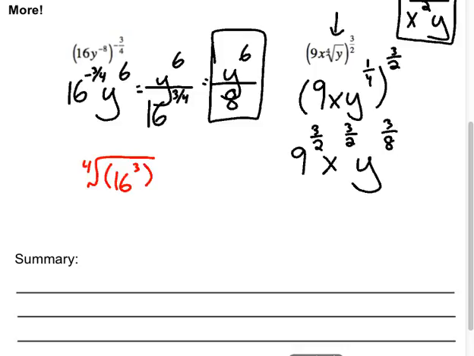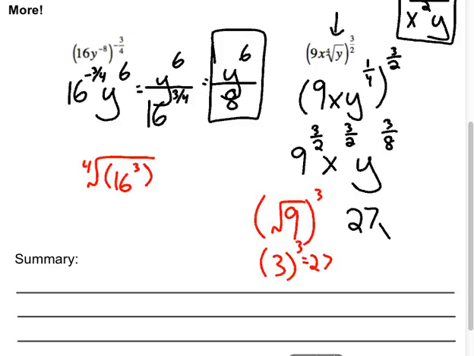So this is more like the order I showed you in the last notes. So I'm going to square root the 9 first and then apply that power. So that's going to give me 3 cubed or 27. And you'll get that as your final answer.